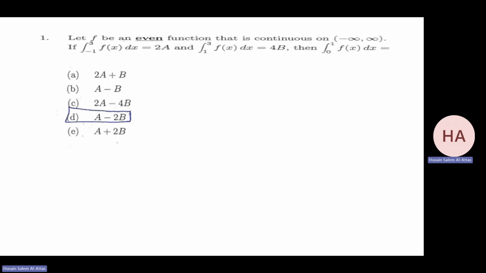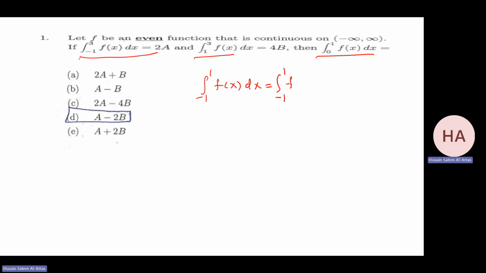Okay. Let f be an even function. Let it be an even function that's continuous. He gave me this. On this, he wants this. 0 to 1. He wants 0 to 1. Okay. I have minus 1. So for sure I need, it's an even one. I need this.